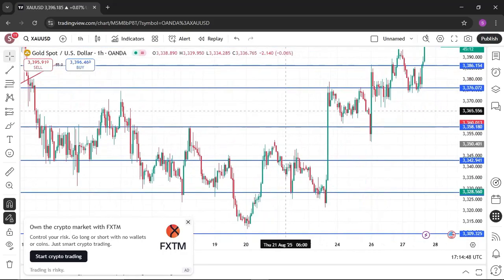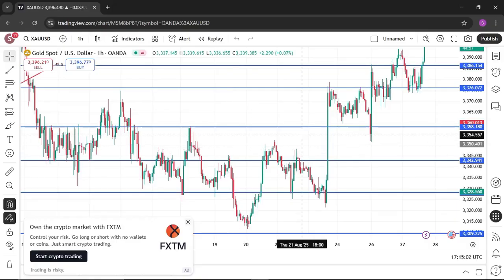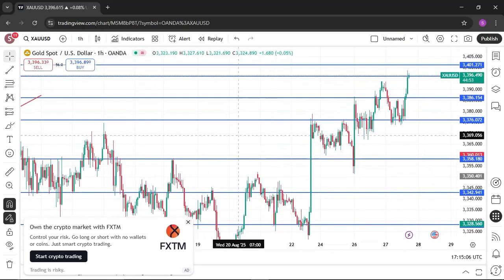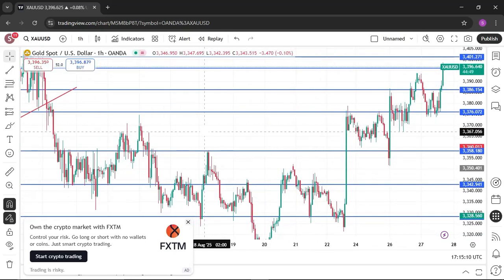While if we say a downtrend, that is the market is going down, in a downward direction. You understand? And the third one is the market moves in a ranging direction.